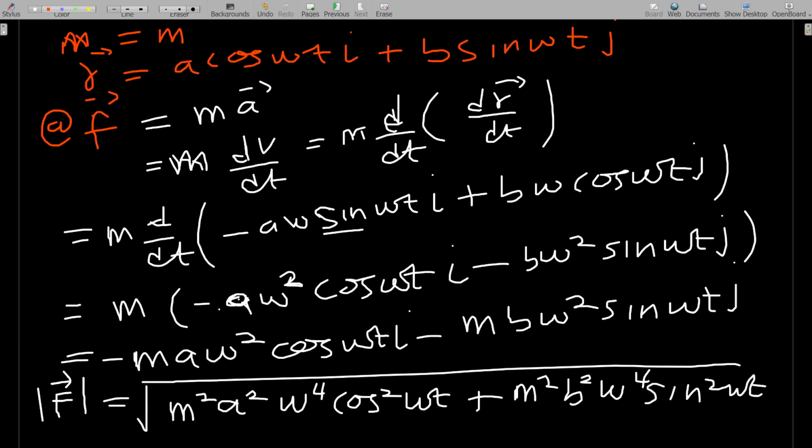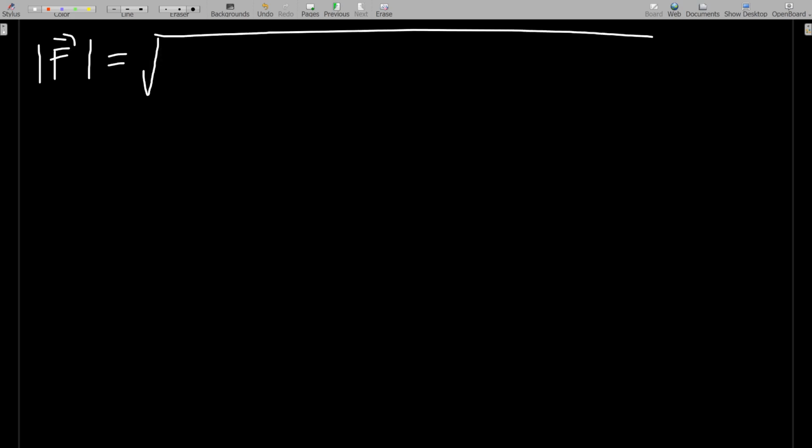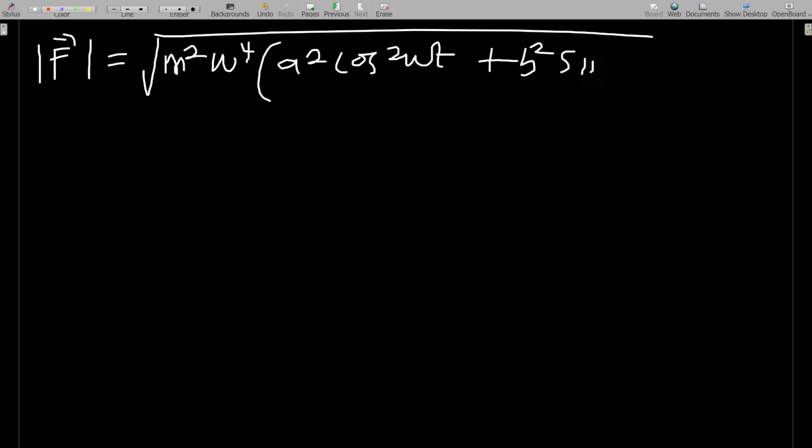When you look at this, I can factor m squared omega to the power 4 out from each of these. So I have the magnitude of F being equal to the square root of m squared omega to the power 4 times a squared cos squared omega t plus b squared sine squared omega t.